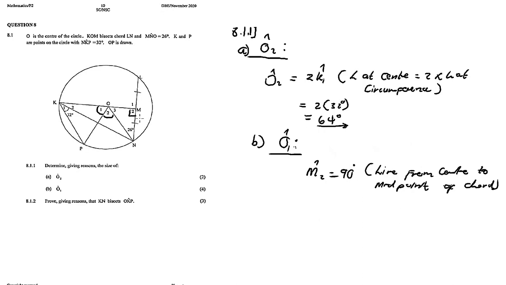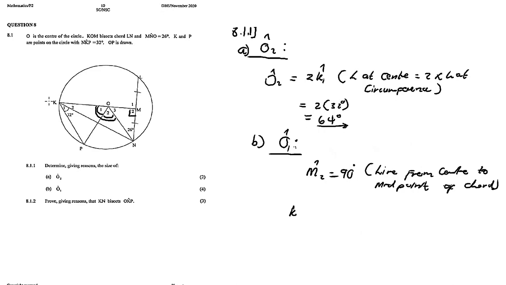Now I have 90 degrees here, and I want angle O1. This relationship has 90 degrees and 26 degrees, and when I add them it gives me this whole angle, which is also equal to O1 plus O2.